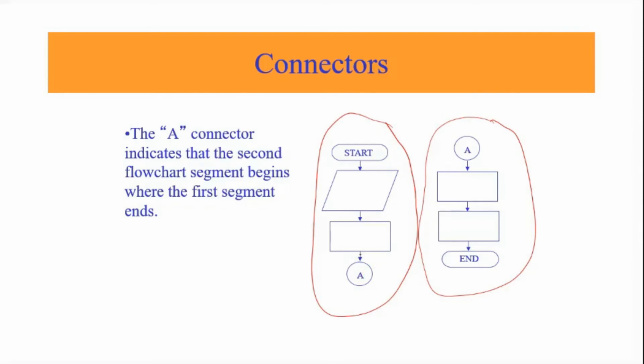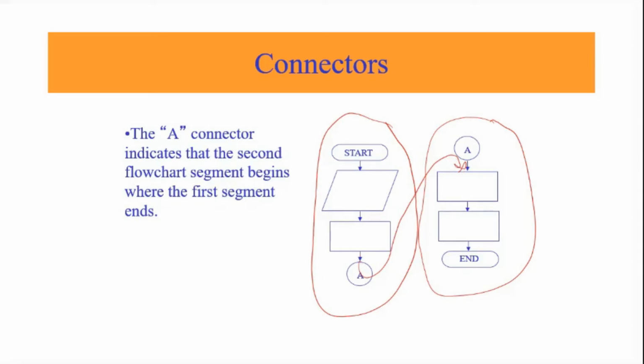So what we do is we end this part of the flowchart with an A in a circle. Then we start the second part with an A in a circle. That means this operation continues from here.